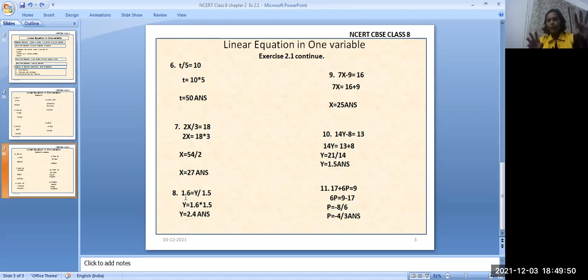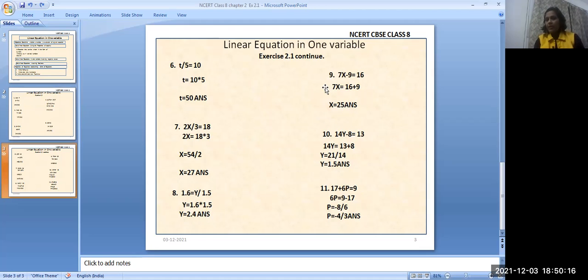So both the numbers will be multiplied together. So these two will be multiplied because this is here in the form of division with respect to y. So once this is in denominator, this will go here and this will multiply. So y will be equals to 1.4 multiplied by 1.5. That will give you 2.4.